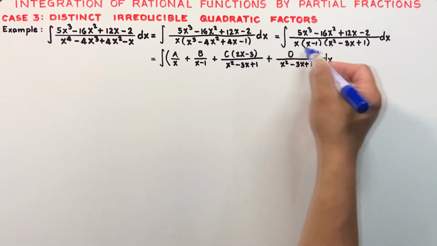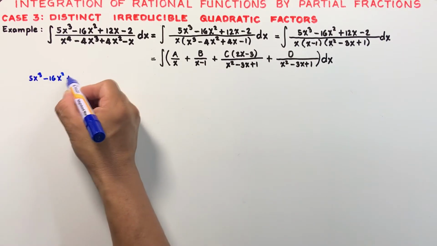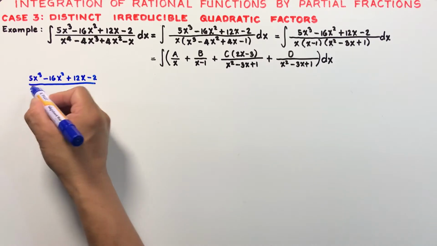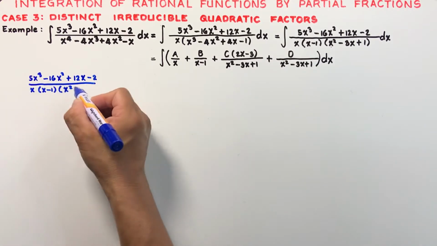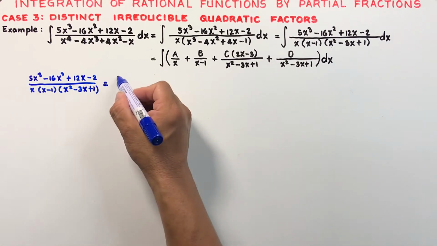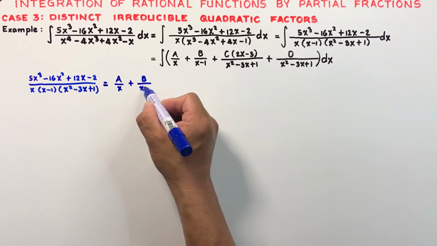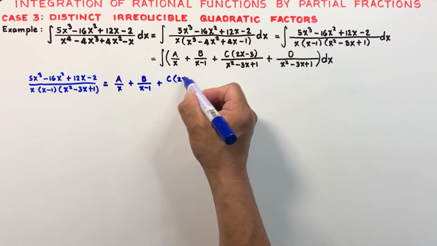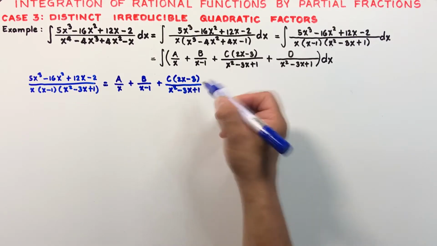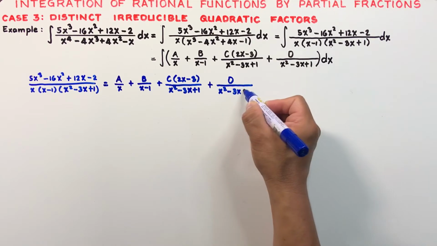So we write this proper rational fraction as 5x cubed minus 16x squared plus 12x minus 2, divided by these factors of x times x minus 1 times x squared minus 3x plus 1, and this is equal to our partial fractions, which are A over x added to B over x minus 1 plus C times 2x minus 3 over this quadratic of x squared minus 3x plus 1, plus D over the quadratic factor of x squared minus 3x plus 1 here.